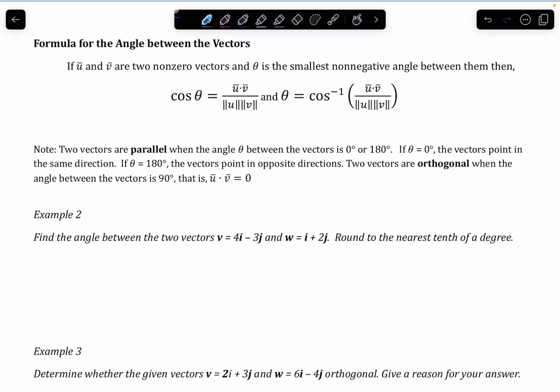All right, example 2. Find the angle between the two vectors v equals 4i minus 3j and w equals i plus 2j, round to the nearest tenth of a degree. All right, so we know that cosine of the angle is equal to the dot product between the two vectors divided by the product of the magnitude of the two vectors.